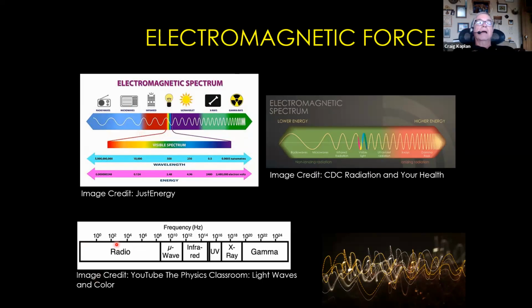Here again, this renames them in a little more visible way, but it points out that this is a logarithmic scale. So radio waves can have a frequency as low as 10, but gamma rays are 10 to the 20th, 10 to the 22nd, 10 to the 24th. So each of these steps is a logarithmic step.